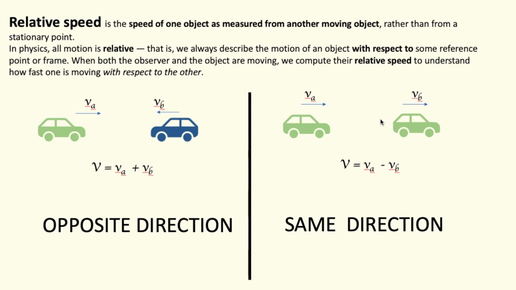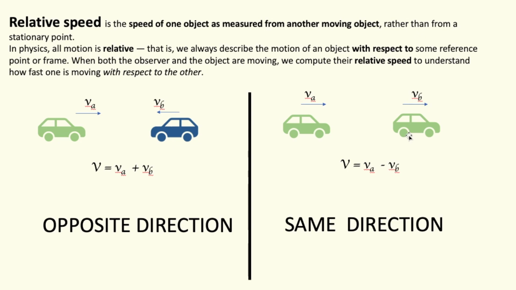The relative speed would then be the difference between their individual speeds, which is VA minus VB. This is because the faster object is slowly gaining on the slower one, and the rate of approach is reduced because it has to chase the other object.